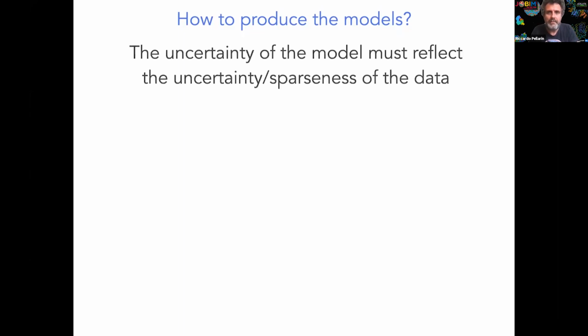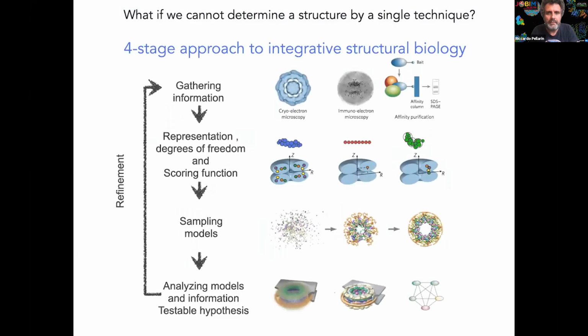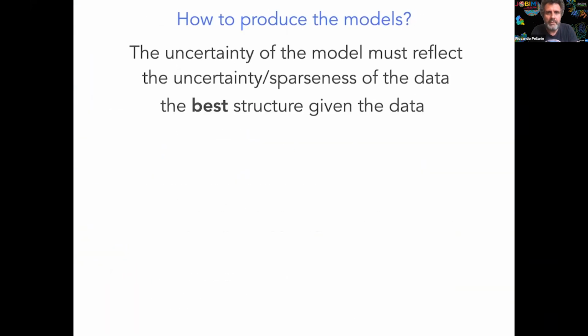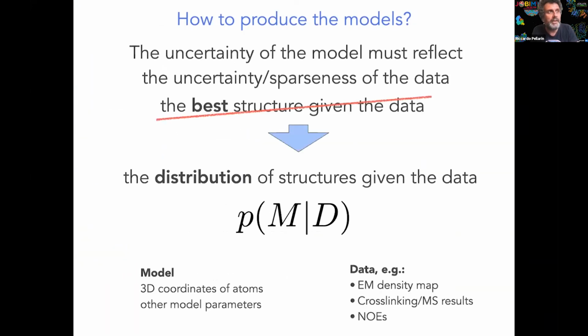So let me see if I can get back. It's the same problem that you have when you do molecular dynamics simulations, right? You have a force field, but you don't know what will be the final most populated state. You have to do molecular dynamics simulation to know that. Same happens here.